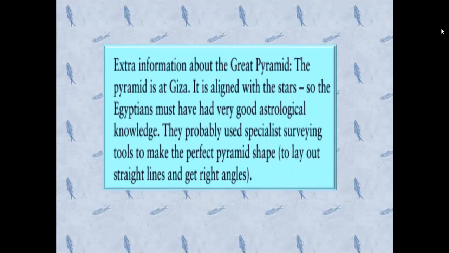I will help you. I will give you extra information about the Great Pyramid. The Great Pyramid is at Giza. It's aligned with the stars. So the Egyptians must have had very good astrological knowledge.